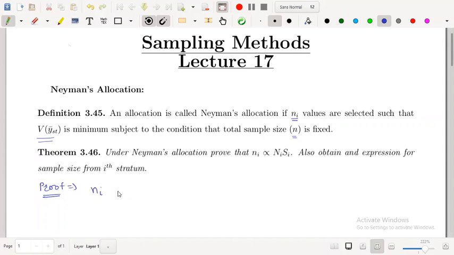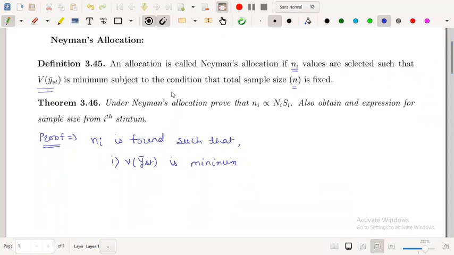We want to find ni such that, by the definition of Neyman's allocation, ni values are selected such that the first condition is that the variance of Y bar st is minimum, and the second condition is that the total sample size n is fixed.